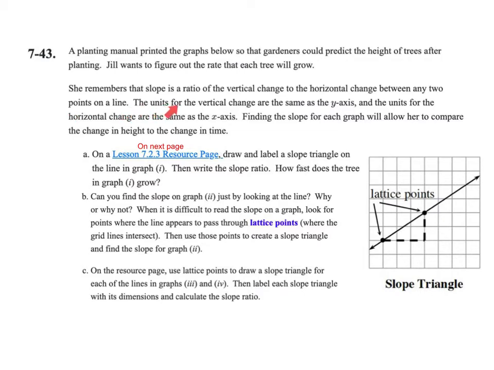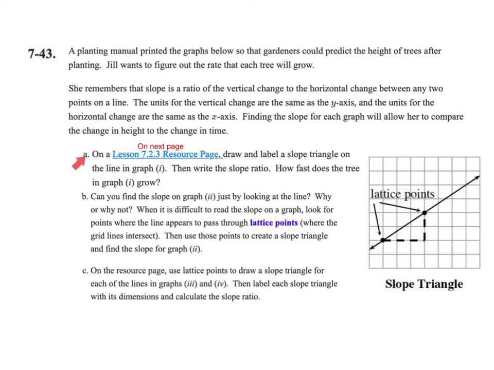The units for the vertical change are the same as the y-axis, and the units for the horizontal change are the same as the x-axis. Finding the slope for each graph will allow her to compare the change in height over time. So just that change in y, the change in the vertical versus the change in the horizontal.